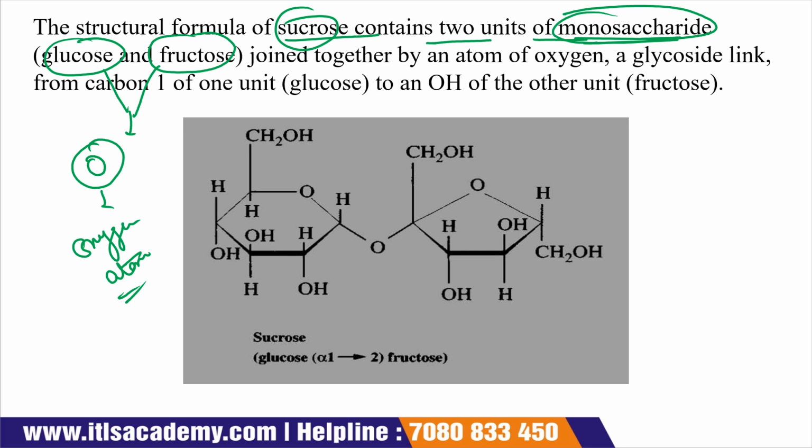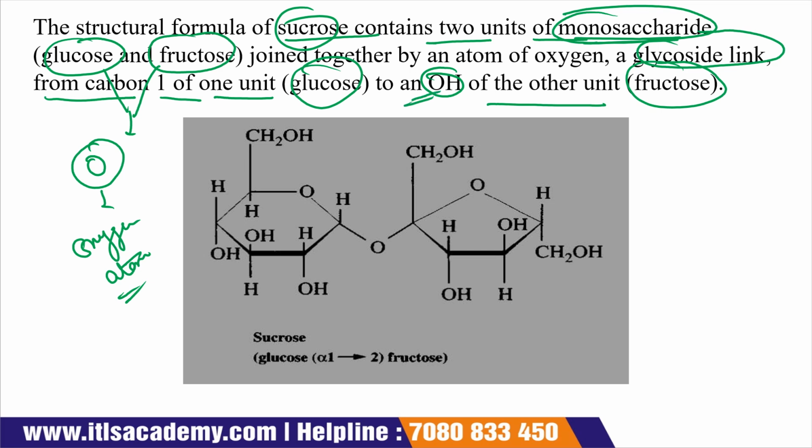The linkage between them is the glycosidic linkage from carbon number 1 of unit 1 to an OH group of the other unit, that is fructose. Okay, it forms a bond between the hydrogen atom of glucose and the OH group of fructose. So this is a structure which represents sucrose. This is glucose, this is your fructose. Now they join together with the oxygen atom.